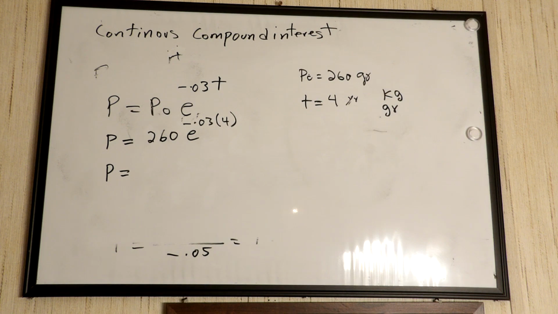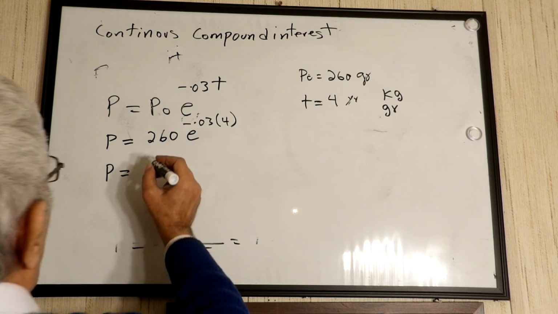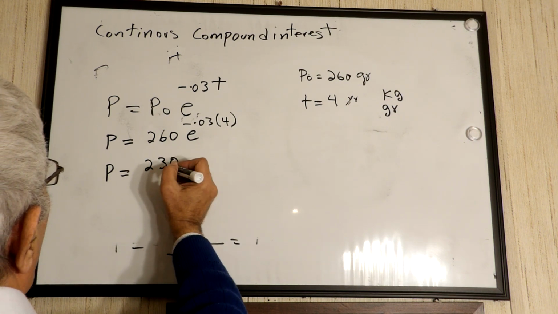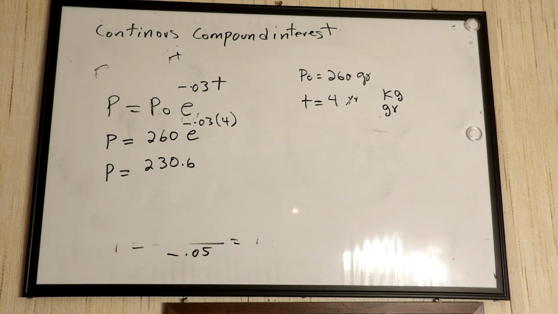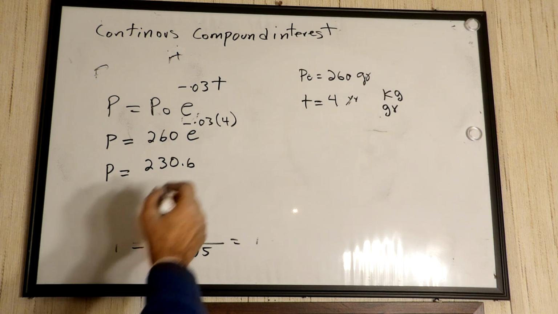So you put e to the power of minus 0.03 times 4, times 260, which is 230.6, rounded to 1 decimal place.